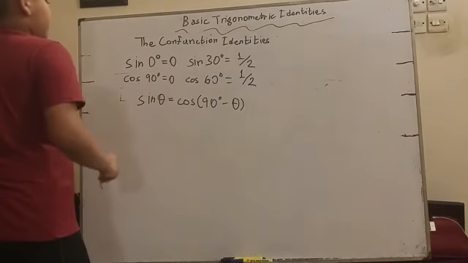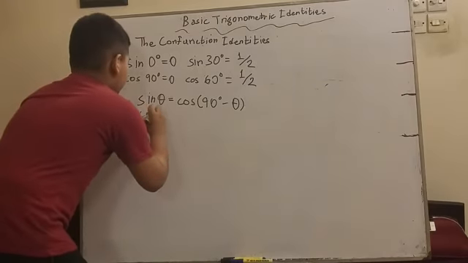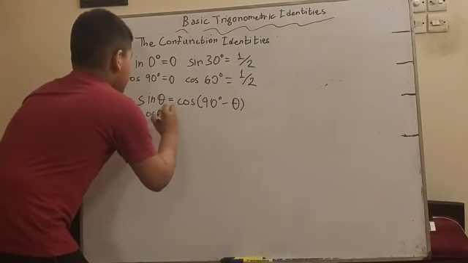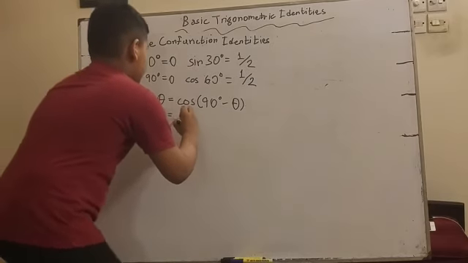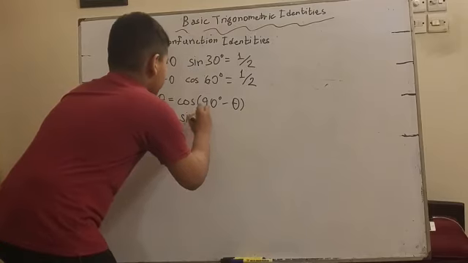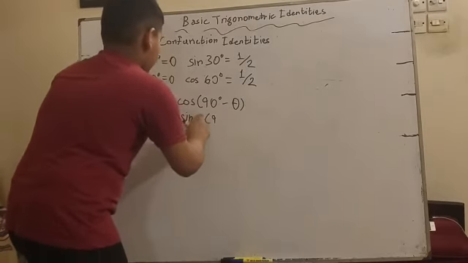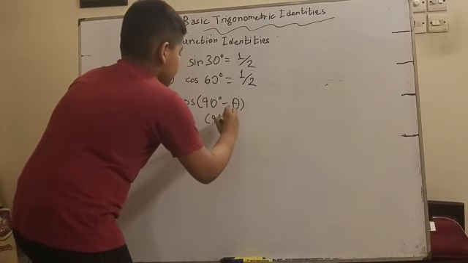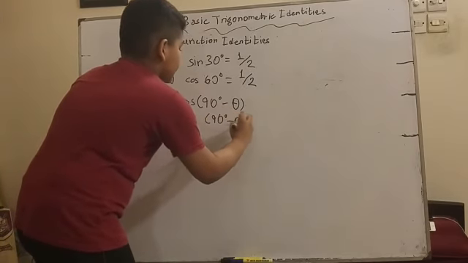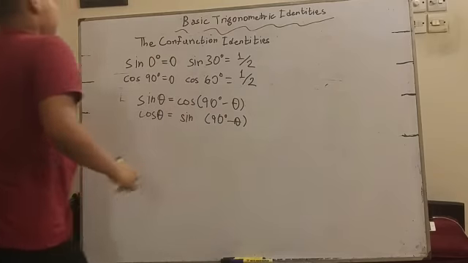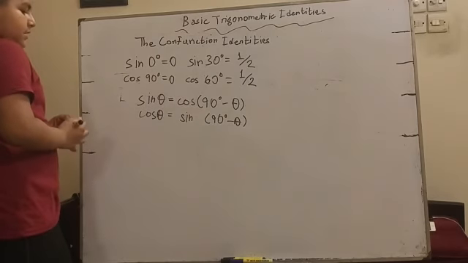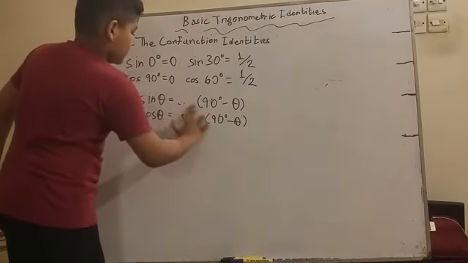By doing a little bit of algebra, we can find out the cosine of theta equals sine of 90 degrees minus theta.